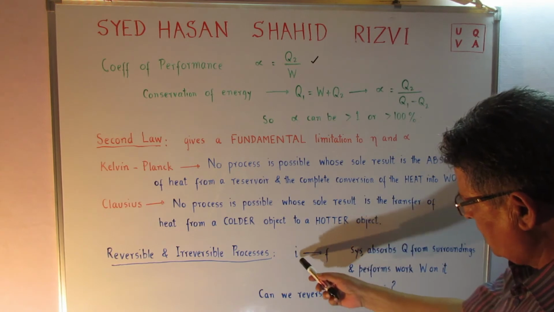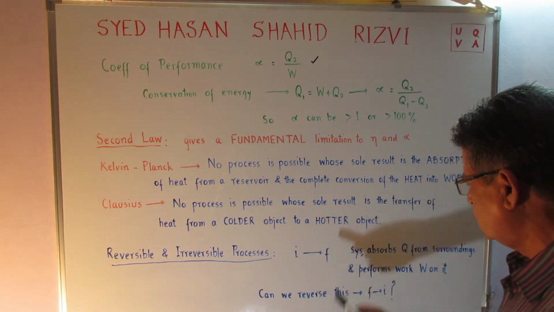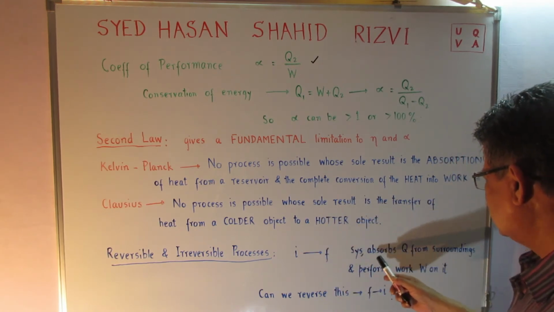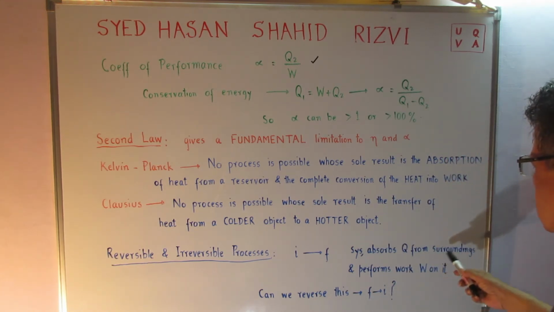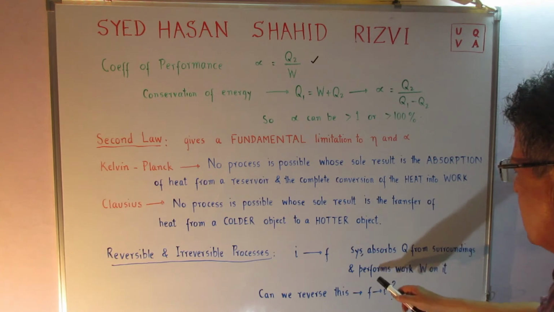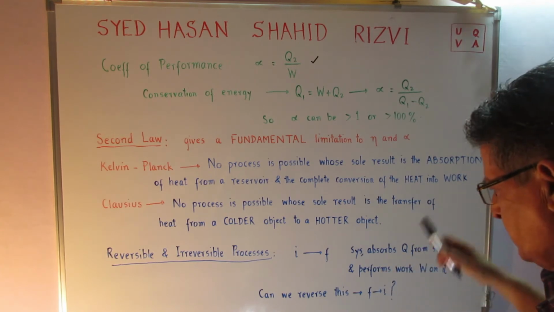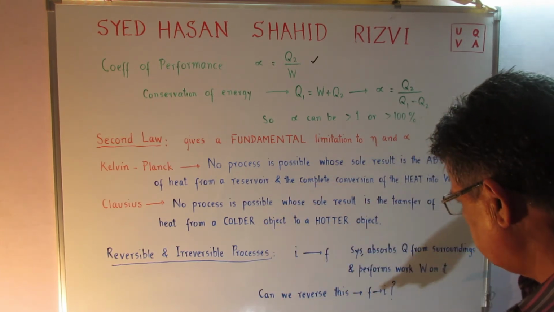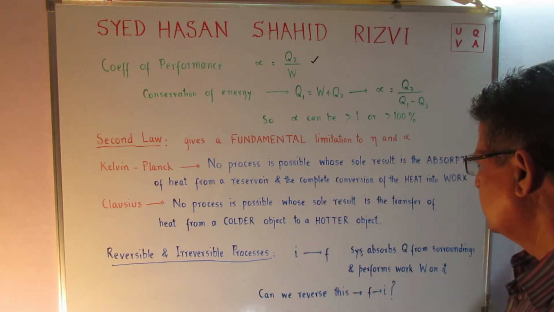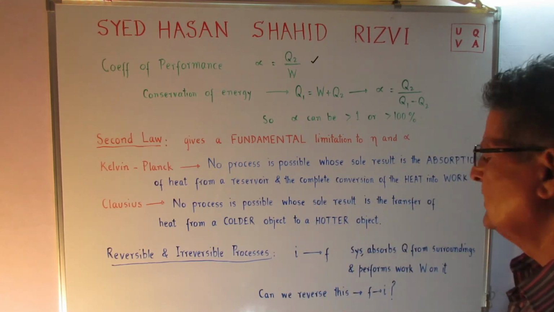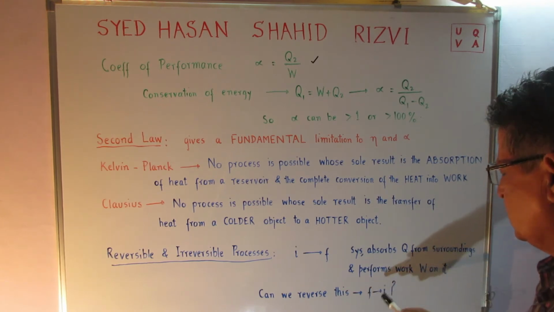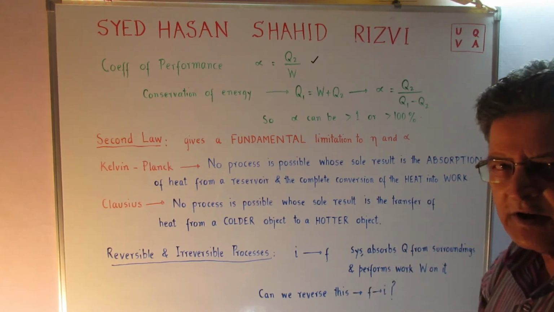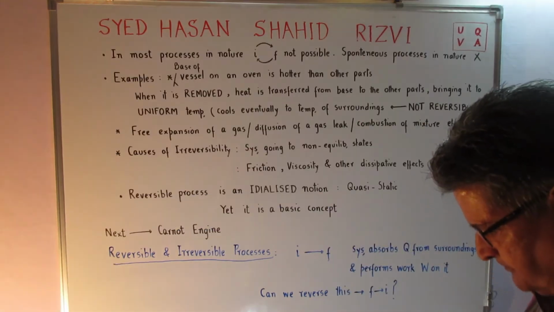To go from the initial state to the final state, the system absorbs some heat Q from the surroundings and performs work on it. Now the question we are going to address is: can we reverse this, and obtain the system from final to initial without some other thing happening in between?